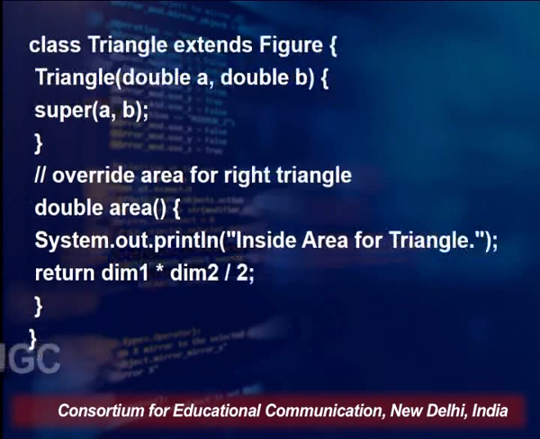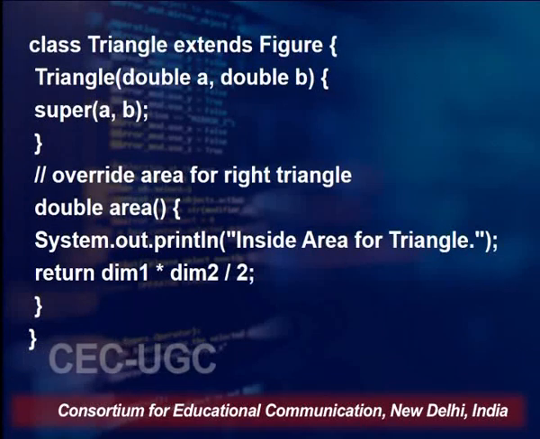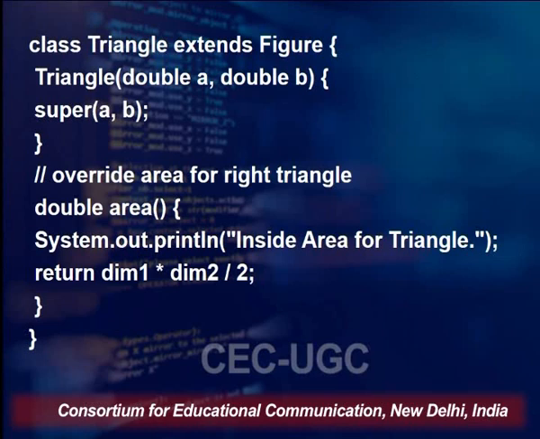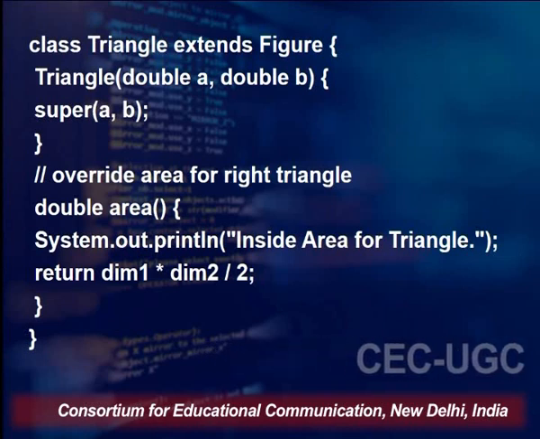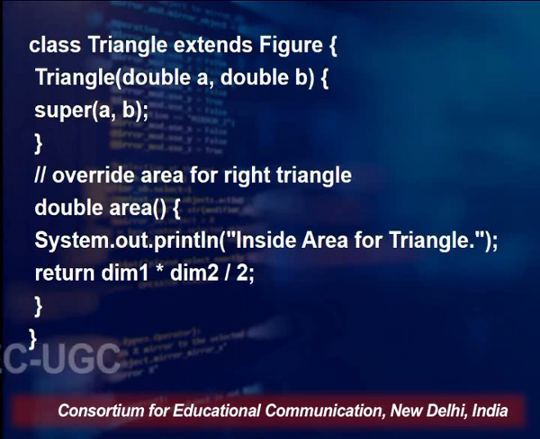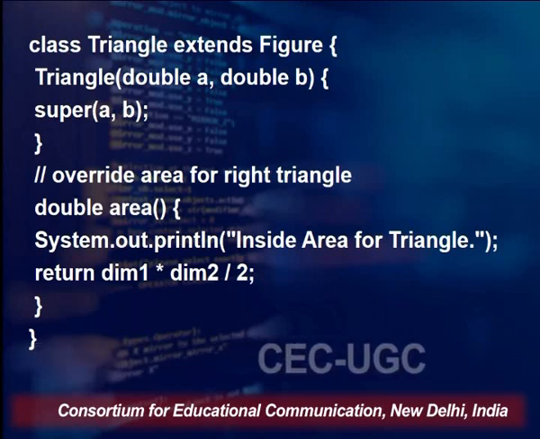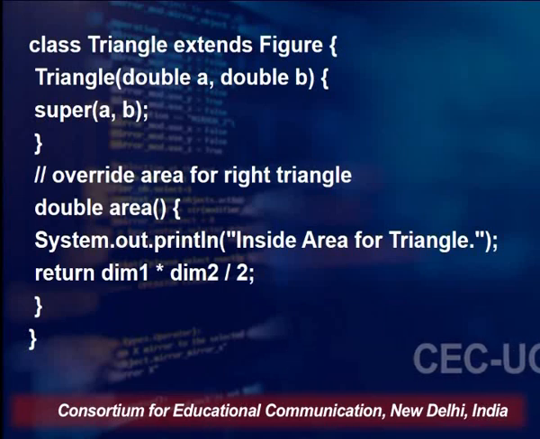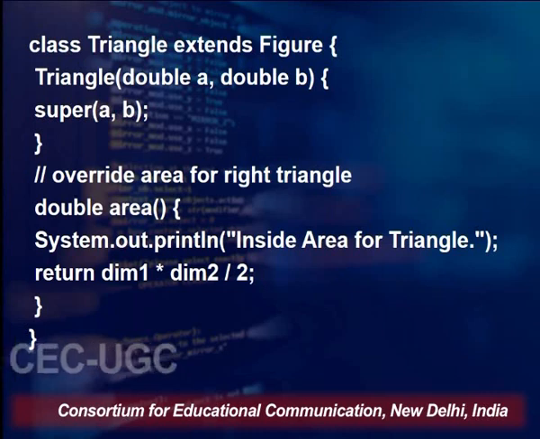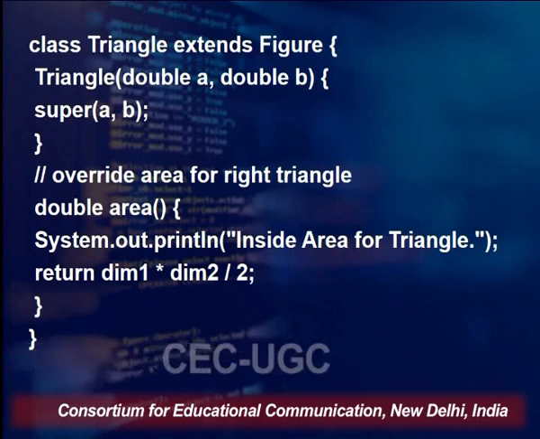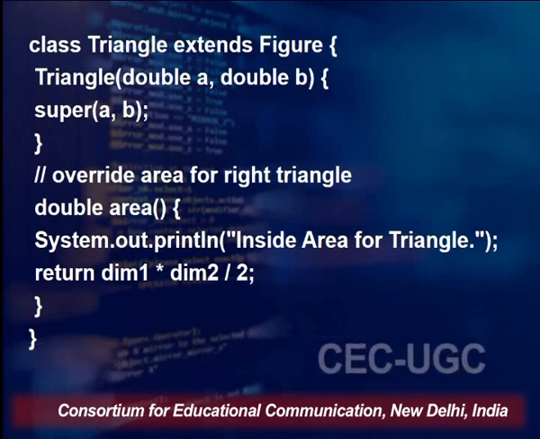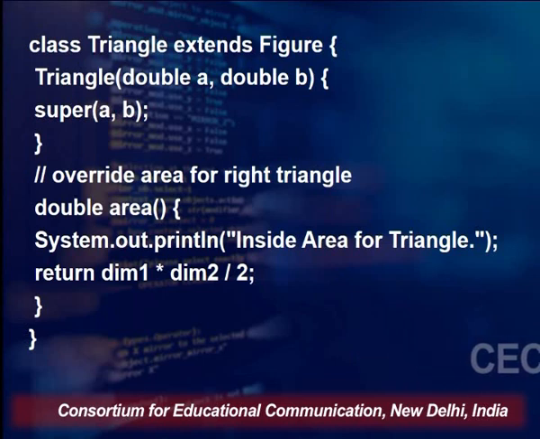Similarly, we have the class Triangle, which has its own constructor, calling the constructor of the superclass, and mandatorily overriding area for the right triangle, giving the implementation of area as System.out.println inside area for Triangle, and returning dimension1 times dimension2 divided by 2.